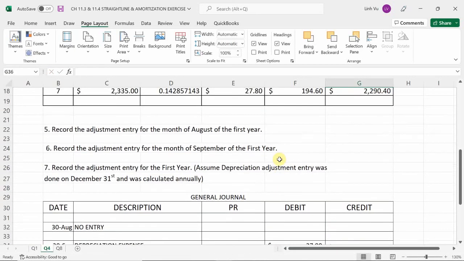Okay. Now, question number 7 says, record the adjustment entry for the first year. Assuming that you decided to depreciate at the end of the year, meaning December 31st, how do you record this adjustment if you were to record this amount annually?